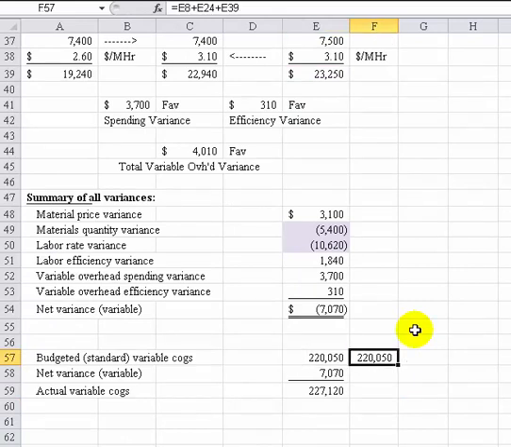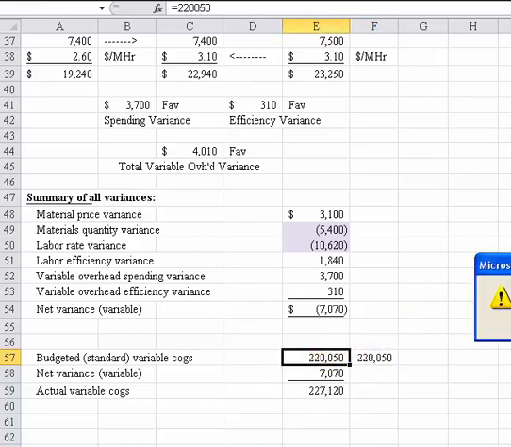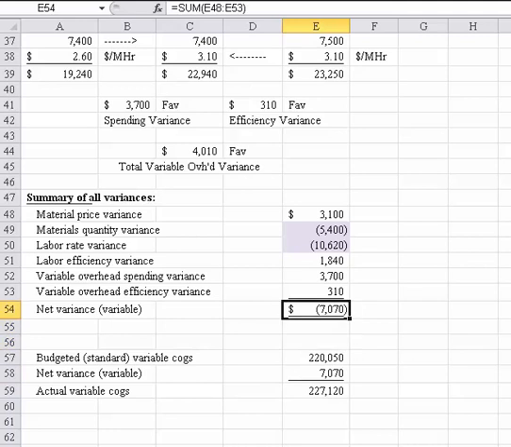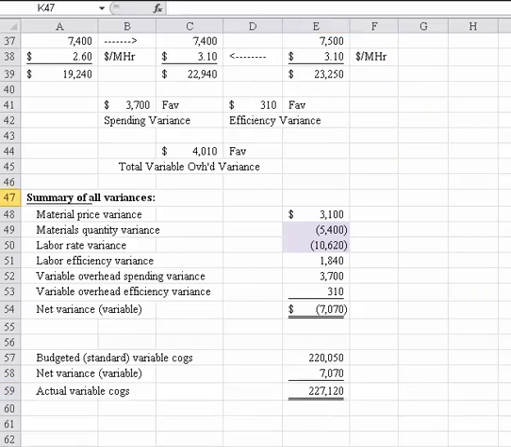Okay, so that number essentially is that number right there that was plugged in. Probably makes sense if I move this over the top. That's probably the better way to do this. So now you know where it comes from. And then we would tack in the variance. Since they're unfavorable, it will increase the cost. So actual variable cost of goods sold, I'll double underline that, is going to be $227,120.